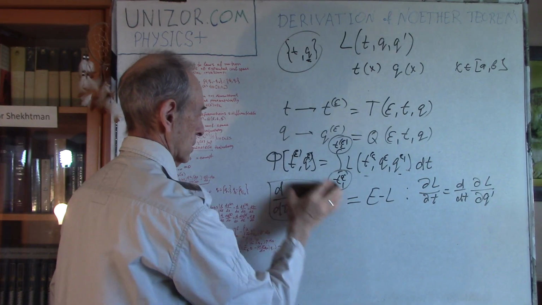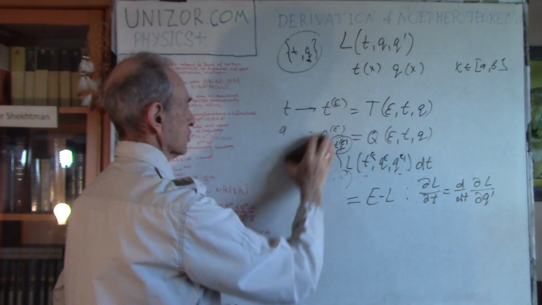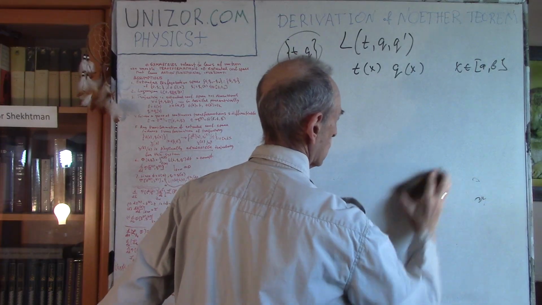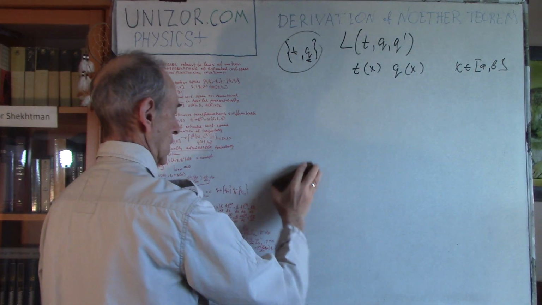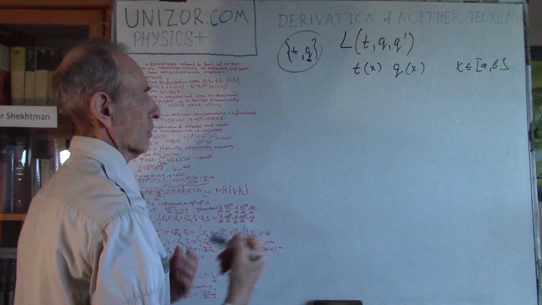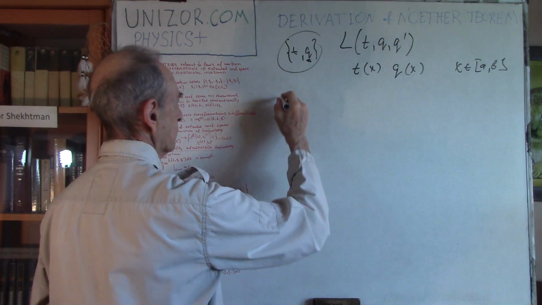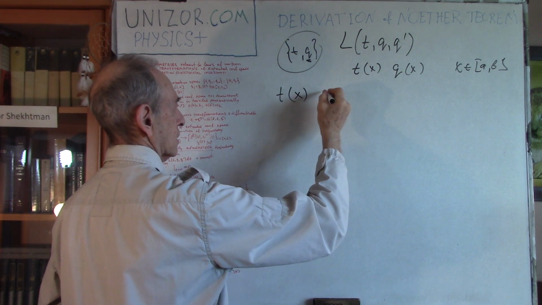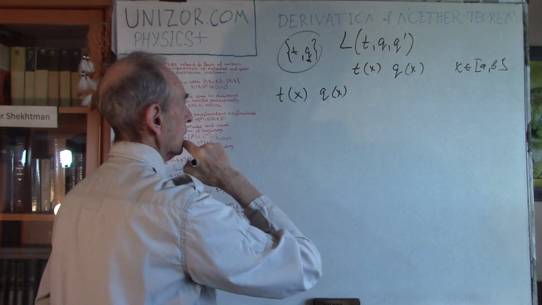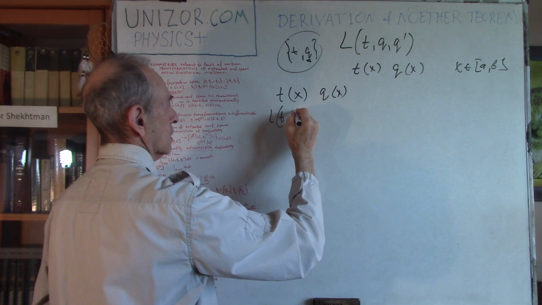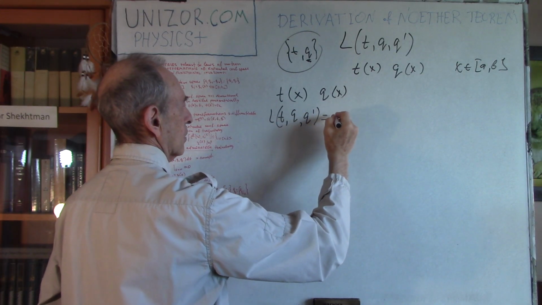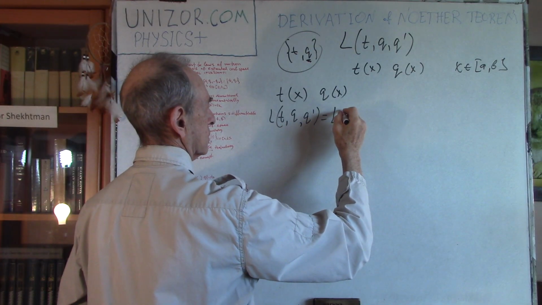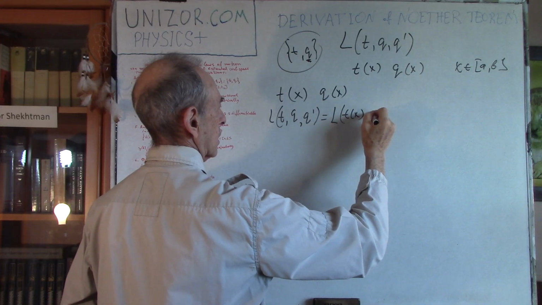Okay, so let's do this functional slightly differently, and then we will see what happens if it's not supposed to be changed by our transformation. Now, if my time t is a function of the independent parameter x, and q as well, then my Lagrangian L(t, q, q') would be equal to the Lagrangian of t(x), q(x).